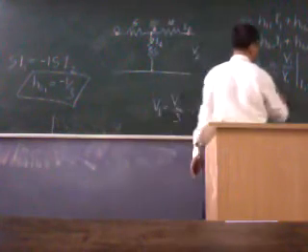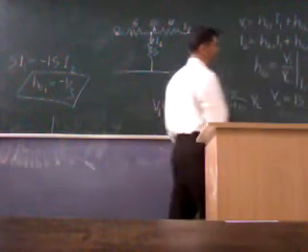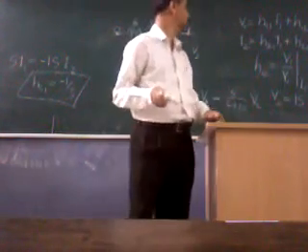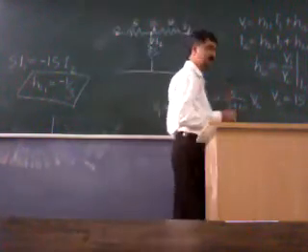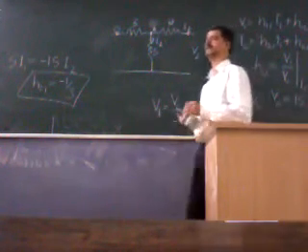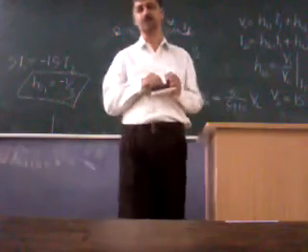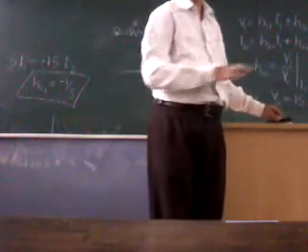We can easily get V2 is equal to 15 I2. So H22 is 1 upon 15. Is it clear? So finding any parameters for any circuit is very easy by this method.